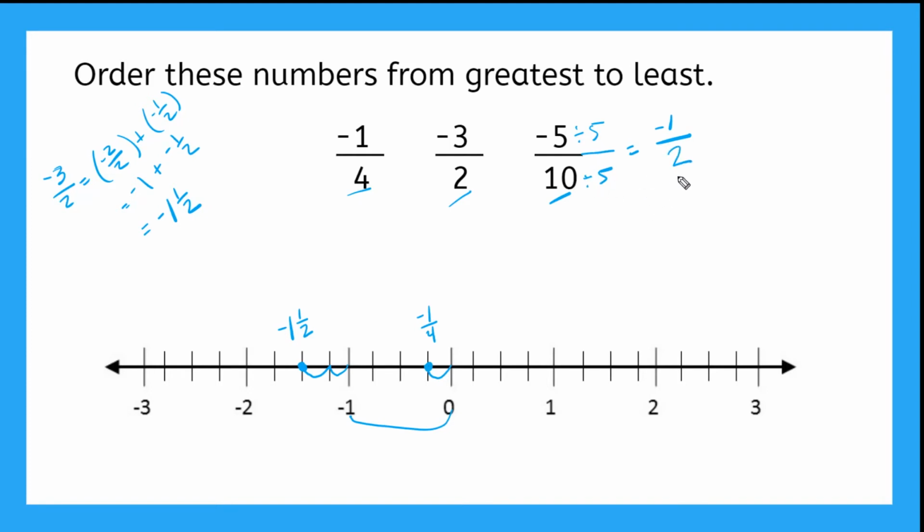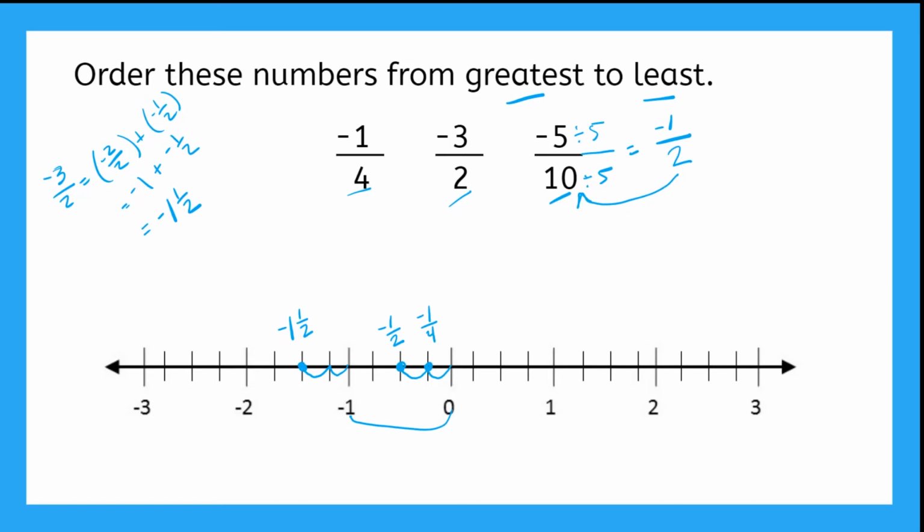So this is an equivalent fraction to -5/10. So where would I plot -1/2 on my number line? Well, if I start here at 0, I know that going to here gives me -1/4. So if I go over one more tick mark right here, that would be negative half.